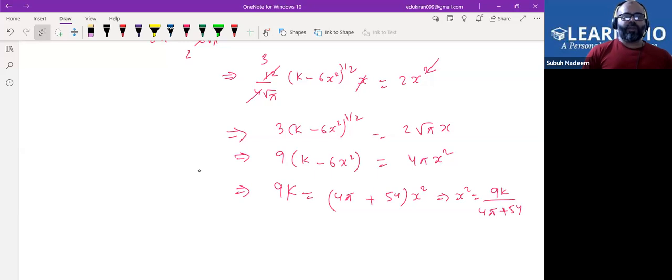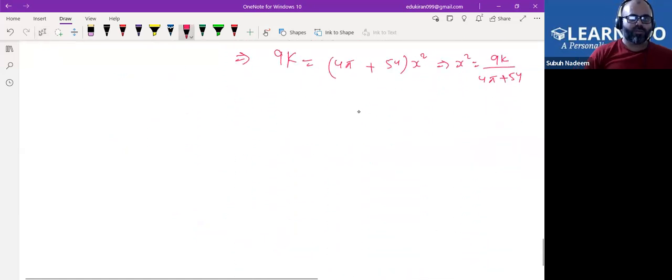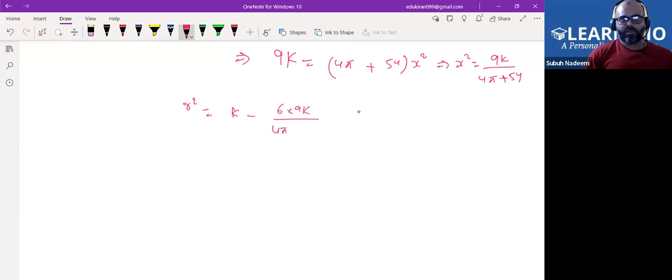This is x square. If this is x square, what will be r square? We have r square as (k minus 6x square) by 4 pi. When you take the LCM, 4 pi k will remain and 54k will cancel, with 4 pi plus 54 in the denominator.